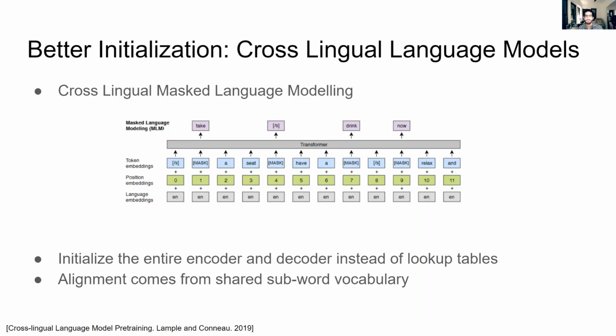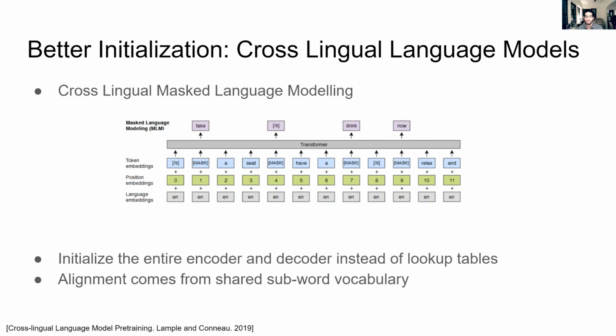The vocabulary of these models is trained using BPE, so you learn a subword model on both the languages together. What ends up happening is you have a lot of shared subword vocabulary, which helps with a better initialization because some of the words are exactly the same in both the languages.